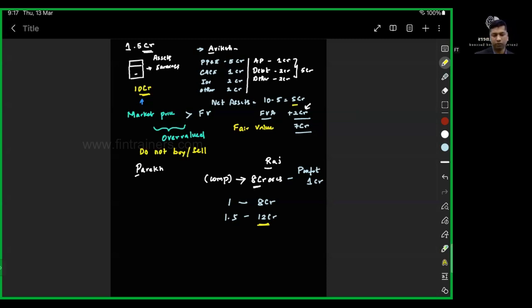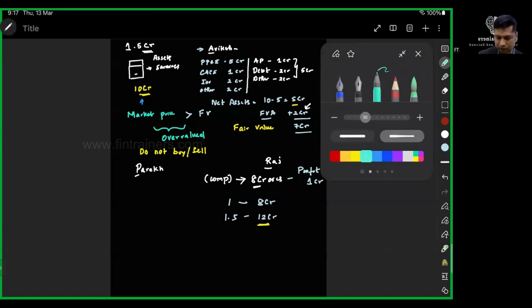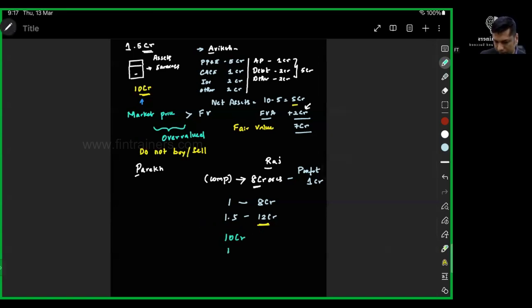So what do we do now? Should we buy or sell? We can buy now, because in this case, it is undervalued. The company is undervalued based on Raj's valuation. Your 10 crore of market value is less than the 12 crore of fair valuation.